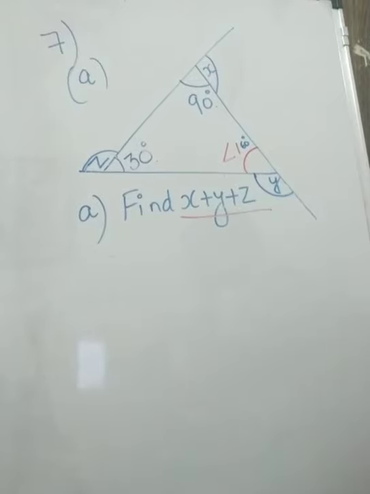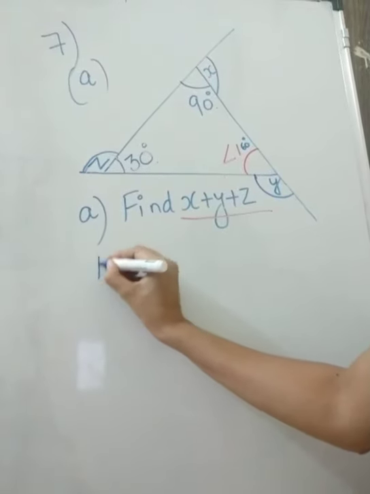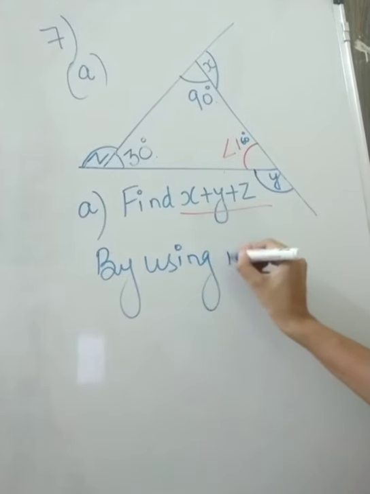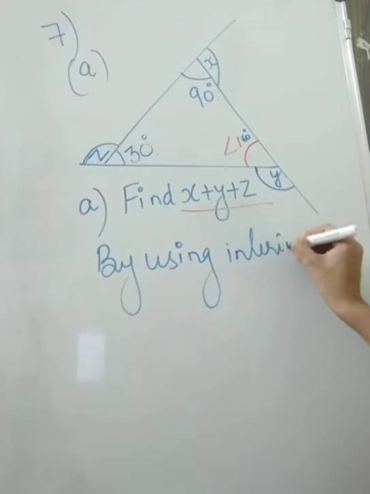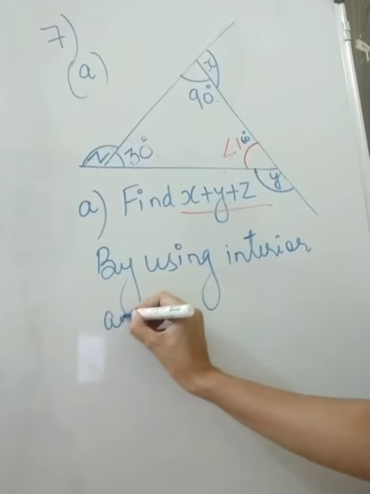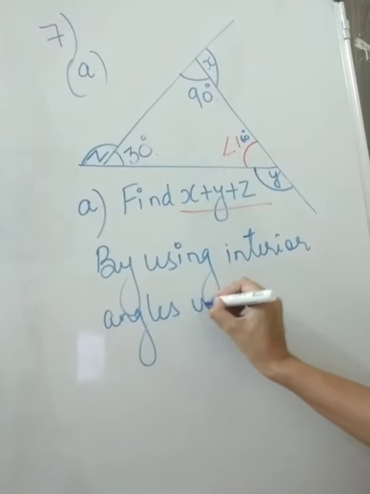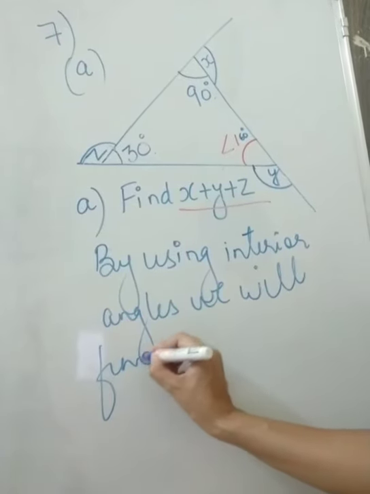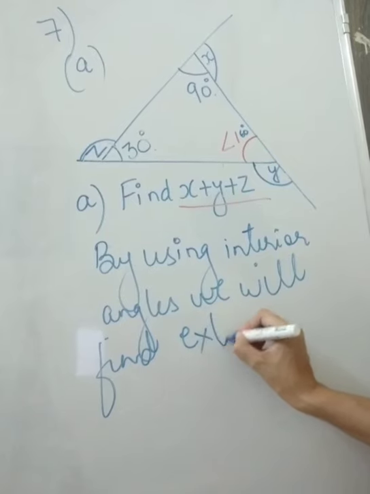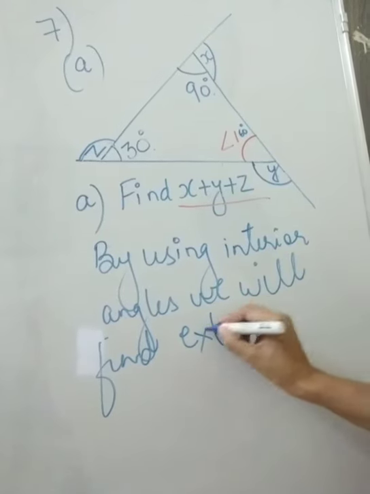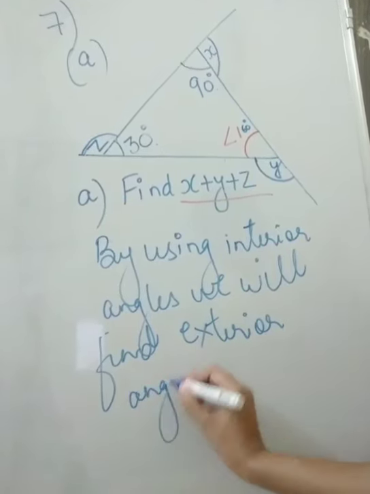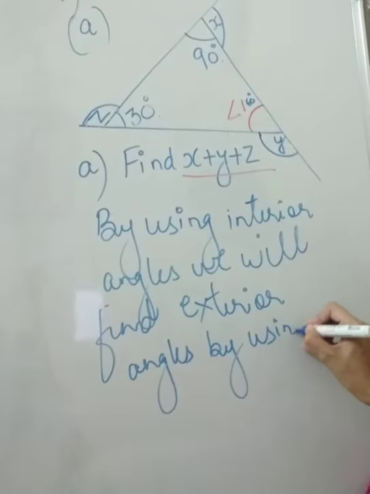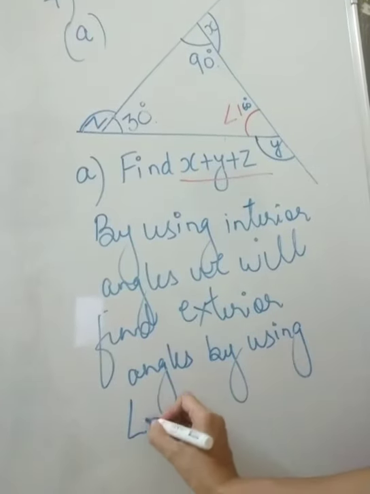Already I have explained to you about linear pair. So by using interior angles, we will find exterior angles by using linear pair.